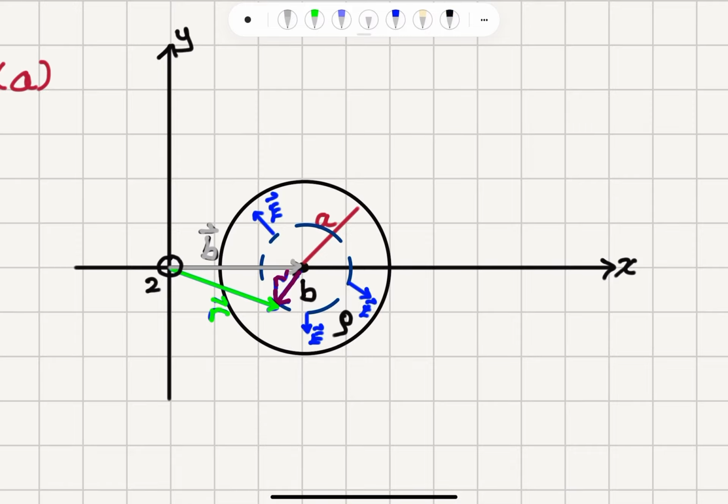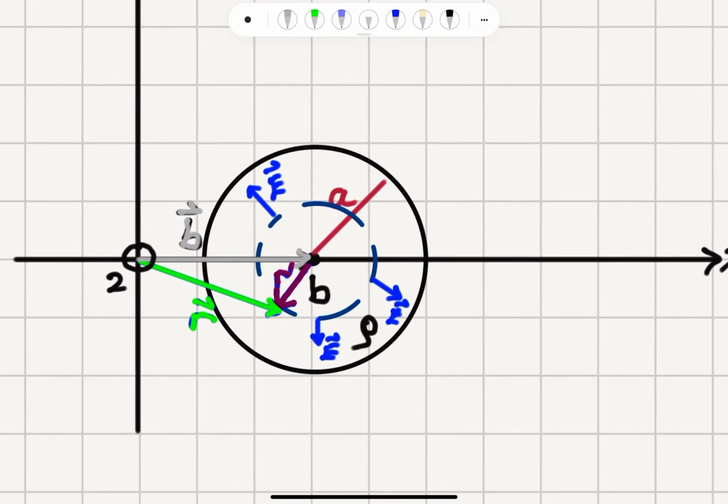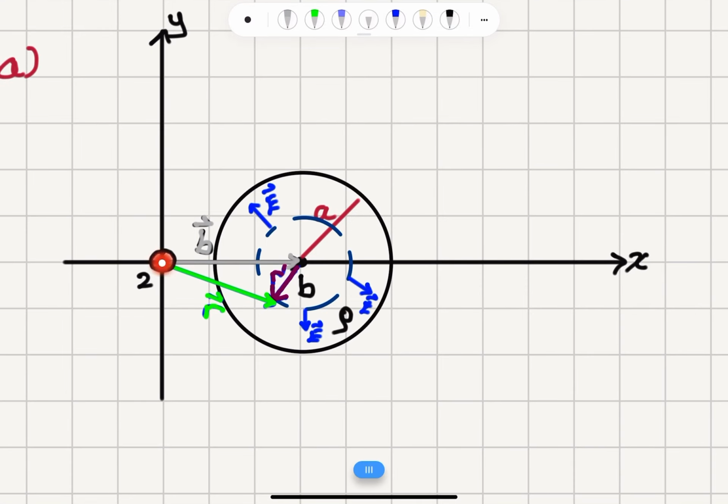This is centered at r equals b on the x-axis, let's say. r is the vector drawn from the origin to any point in space. The sphere has radius a and a uniform charge density ρ.